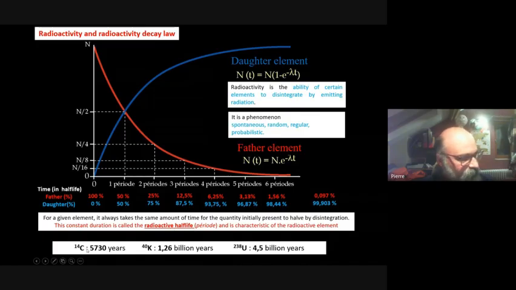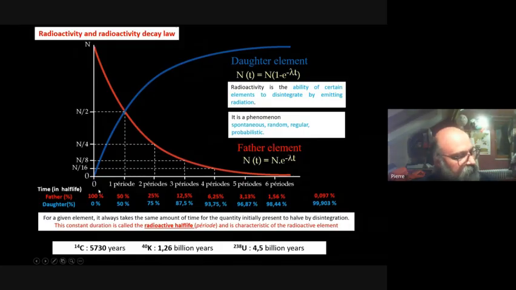For example, for C14, to go from 100% to 50% takes 5,730 years. For potassium-40, it's more than 1 billion years, and for uranium-238, it's more than 4 billion years.